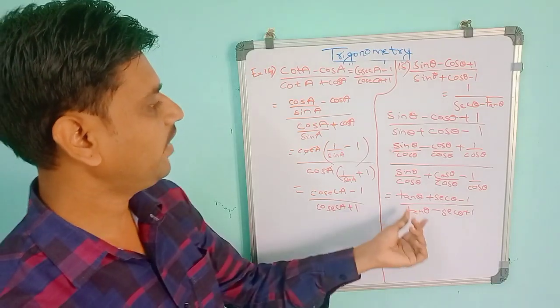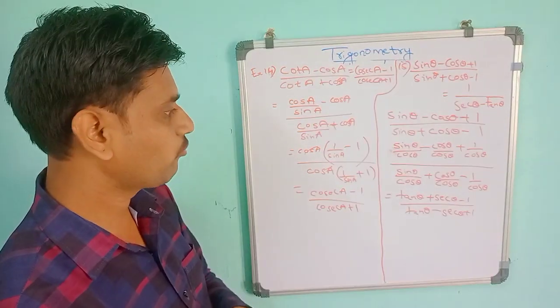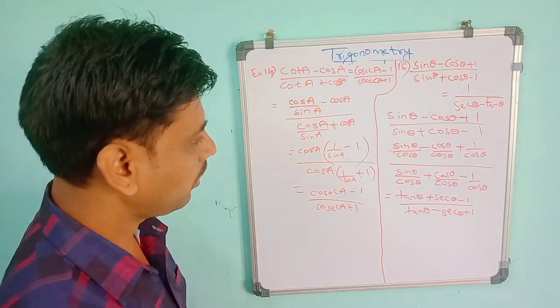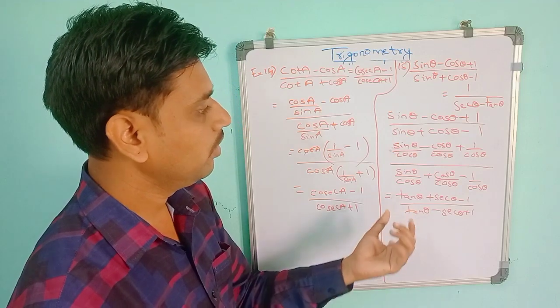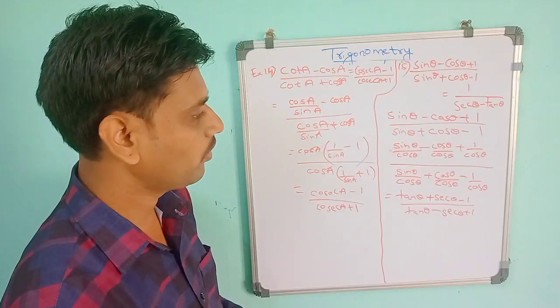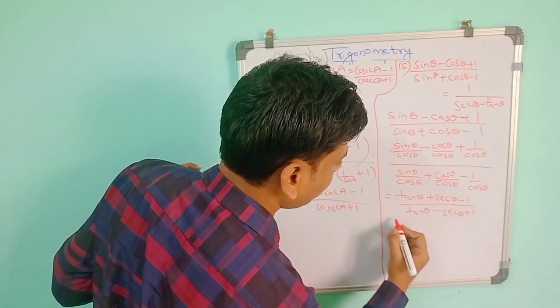So we now got tan theta and sec theta, but they told you to use the identity 1 plus tan square theta is equal to sec square theta. So the answer should come with tan square theta and sec square theta. So what you have to do is rationalize this.